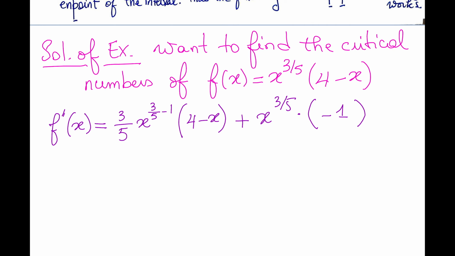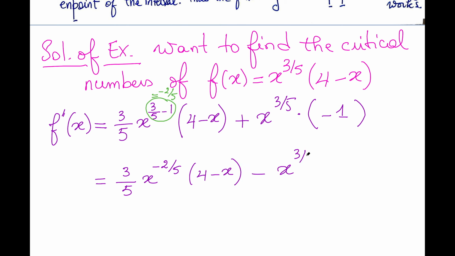And what's 3 over 5 minus 1? Well, 3 over 5 minus 1 is 3 minus 5, which is minus 2 over 5. Okay. So this becomes 3 over 5 x to power minus 2 over 5 times 4 minus x minus x to power 3 over 5.